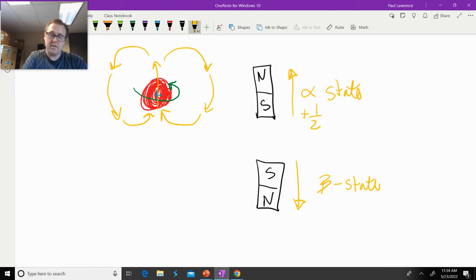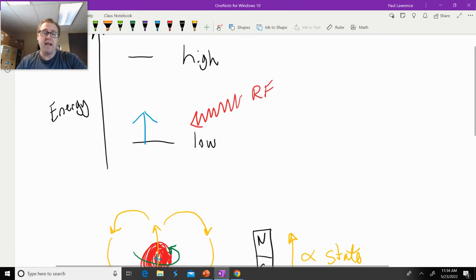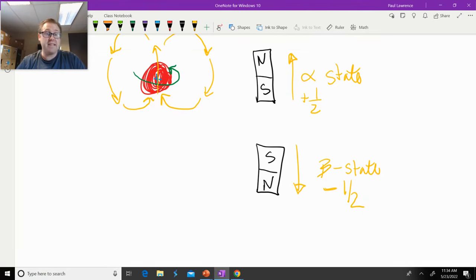And that has a nuclear spin of negative 1/2. So what we have now is two states, the alpha state and the beta state. And the alpha state and beta state are at the same energy level when there's no magnetic field.